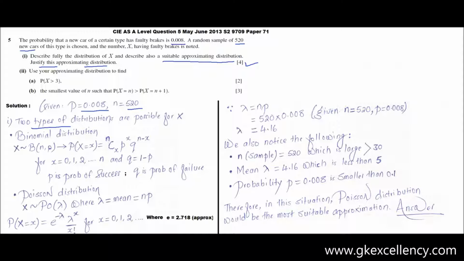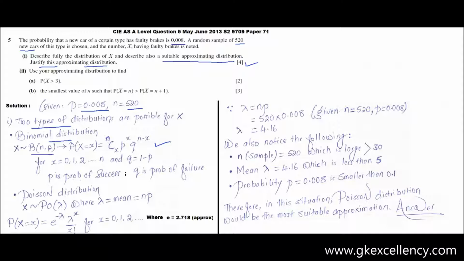The first one is the binomial distribution, which we have seen in AS level, and which is given by two parameters n and p, and the formula is this, where q is the failure and p is the success.